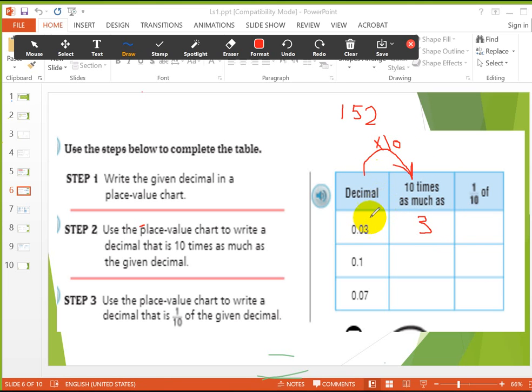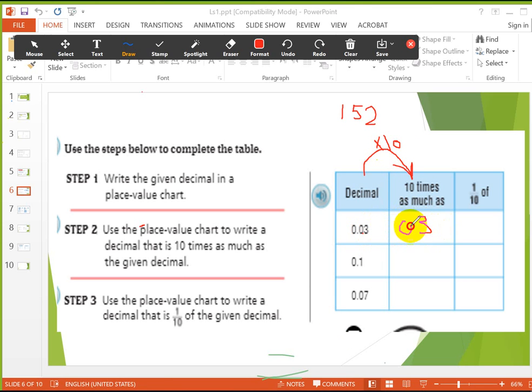That means the decimal point will move only one digit. Right here. It will be right here. So when I want to multiply this number by 10, the decimal point will move one digit only. So the number will be what?